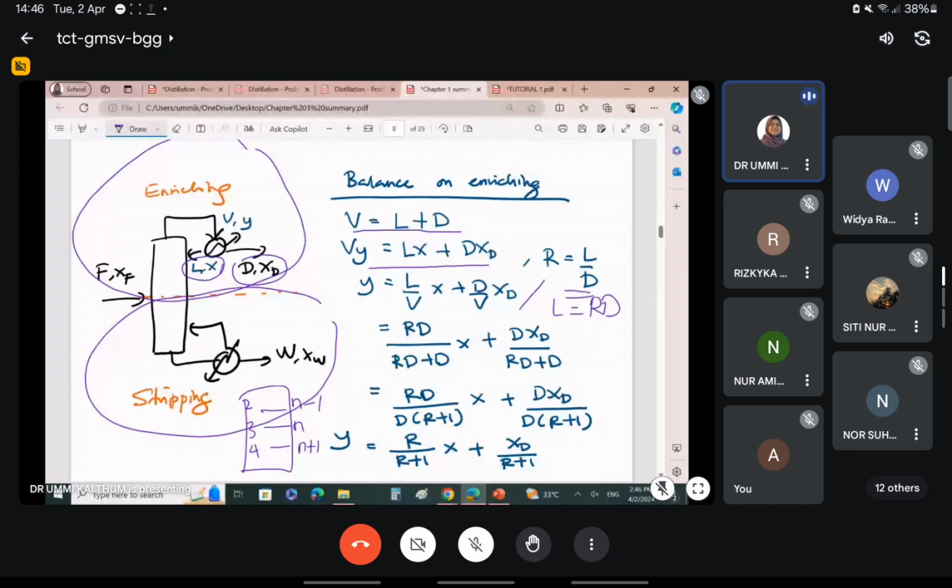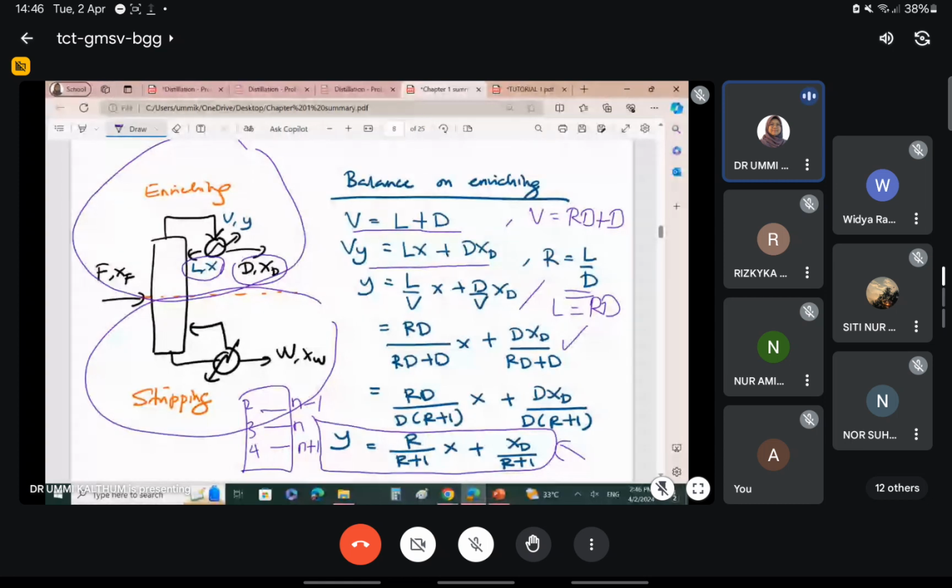V sama dengan RD plus D. So gantikan the equation, dapat RD over RD plus D x plus D xD over RD plus D. Dia susun balik sampai dapat y sama dengan R over R plus 1 x plus xD over R plus 1. So ini adalah enriching operating line. Okay, remember enriching operating line.